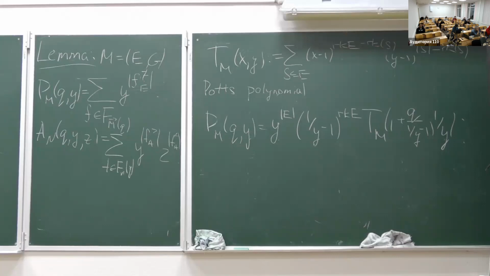By the way, can we understand this as follows: for this Q flow polynomial, we have something like a deletion-contraction relation? Yes, we do have such a relation. And then we can proceed by induction.